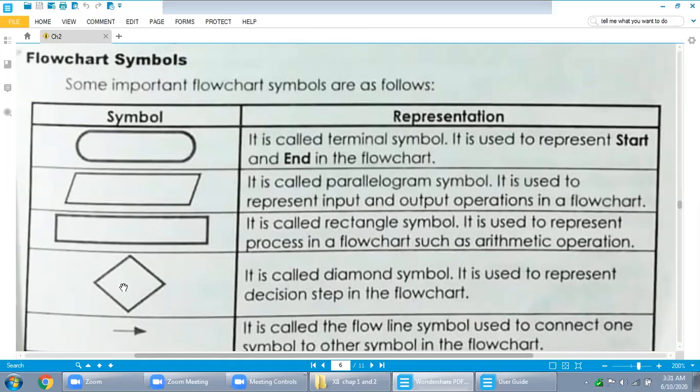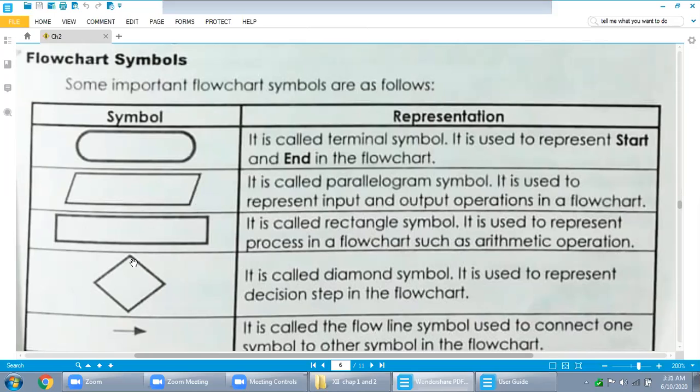You will have to take the decision at the same spot. If you select the right path, it means you are leaving the left path. If you select the left path, it means you are leaving the right path. So this symbol is used for decision making.